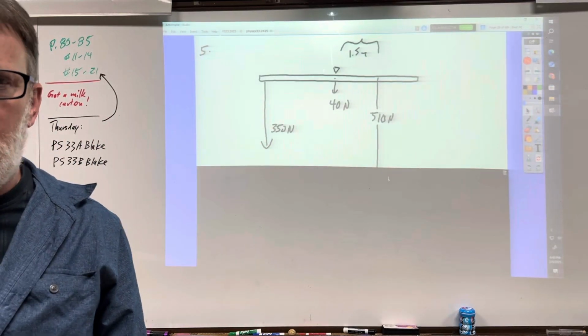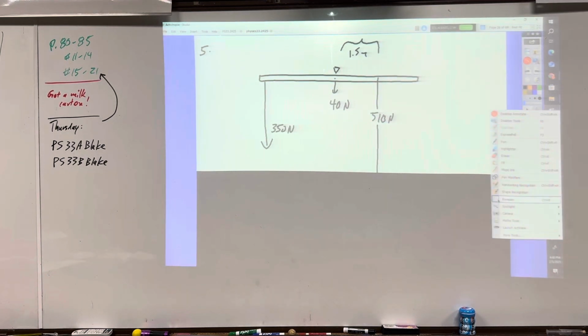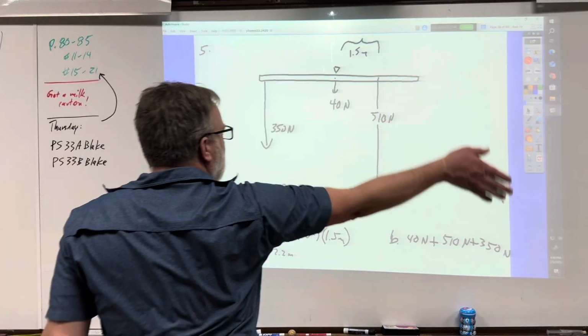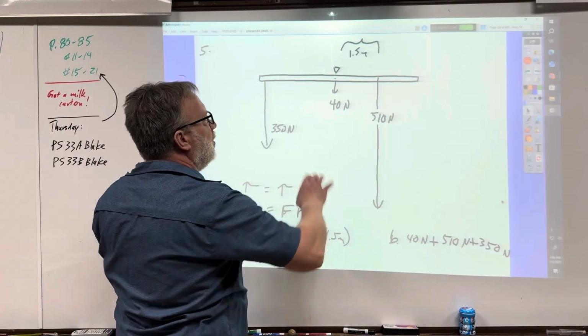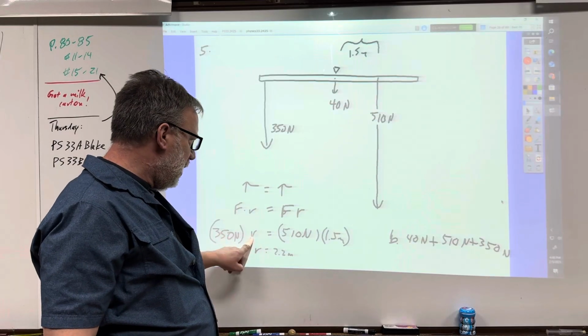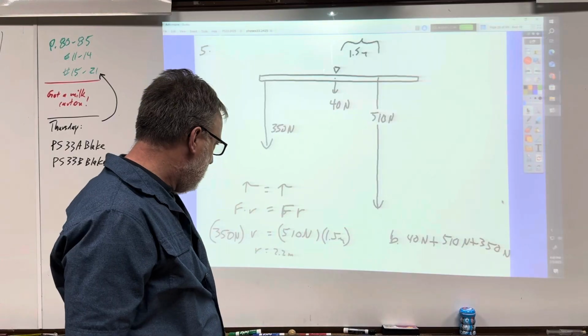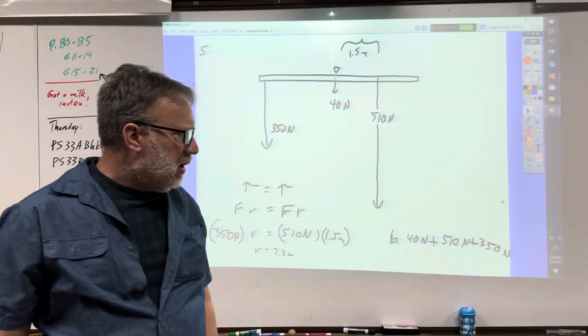It might be an inverse of them. So just set it up as this torque equals that one, force times radius equals force times radius, 350 times an unknown equals 510 times 1.5 meters. And the radius comes out to 2.2.